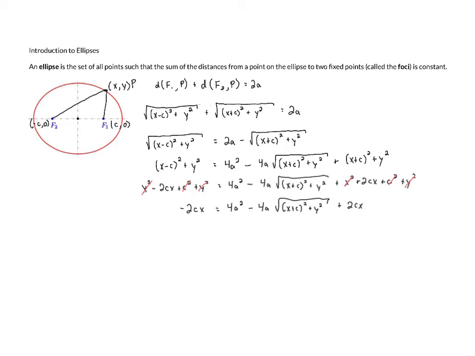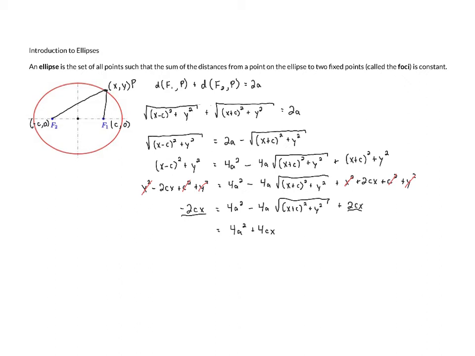And what we're going to do is move this negative 2cx to the right by adding it, and take this 4a times the square root and move it to the left by adding it. So when we do this, the 4a squared stays on the right, and when we add 2cx to both sides, that gives us 4cx on the right.